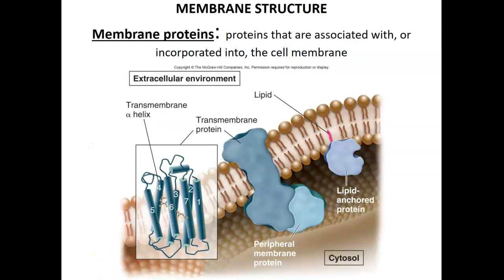So let's talk a little bit about the membrane proteins that we're going to find nested in the phospholipid bilayer. The first one I want to talk about are the transmembrane proteins, also known as integral proteins, and these cannot be released from the membrane. The transmembrane proteins are physically inserted into the hydrophobic interior of the phospholipid bilayer.